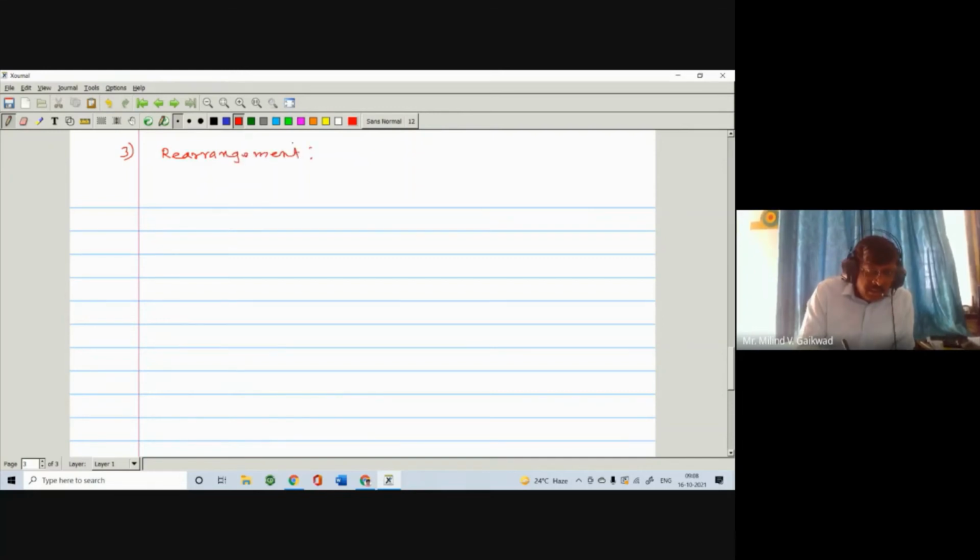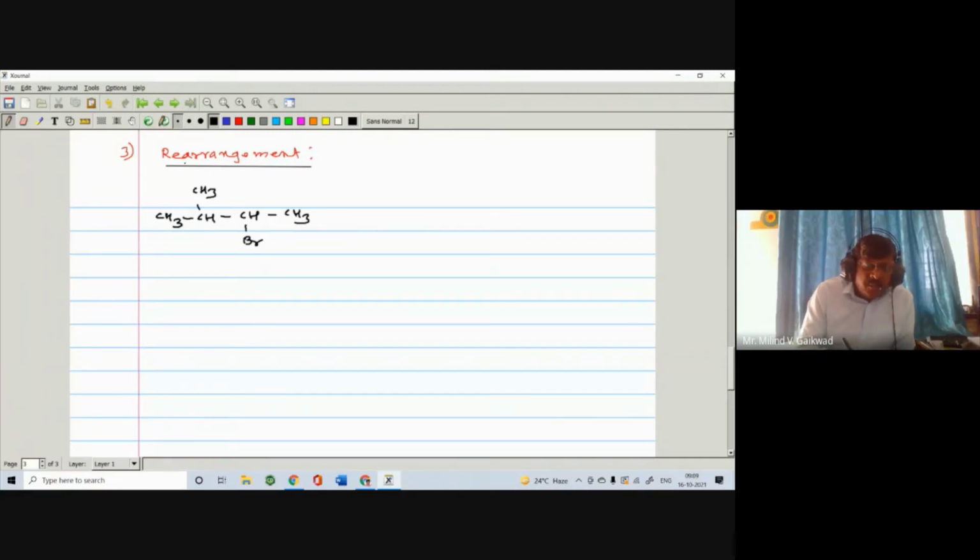Rearrangement. If you take a substrate like this one, I will take a particular example: CH, then CH3. Here is a CH. Suppose I take here Br and here is your CH3.